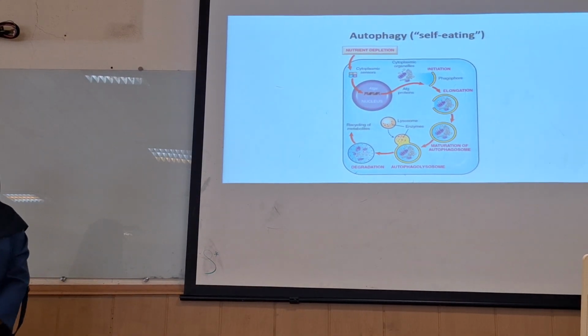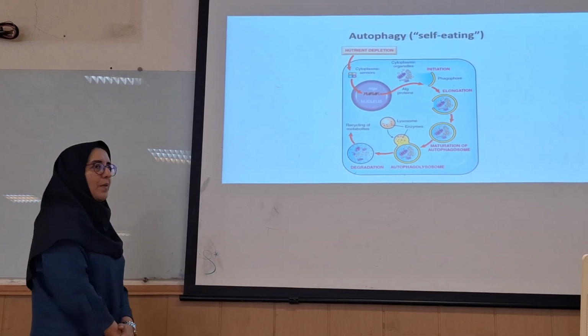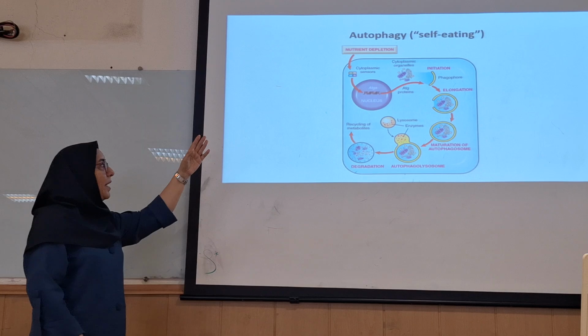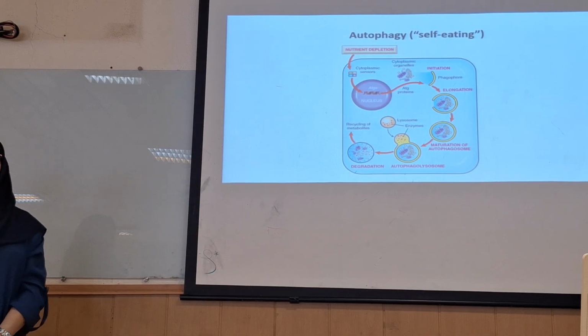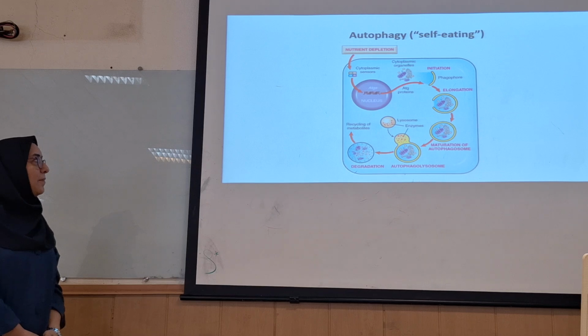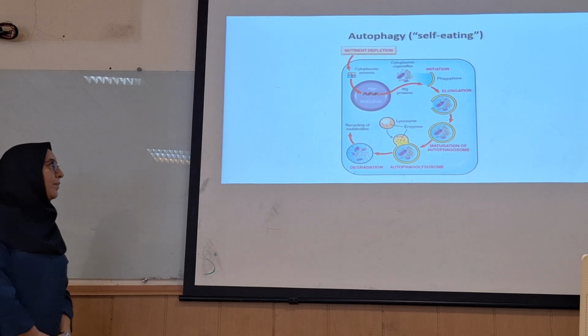And what is autophagy? Autophagy, or self-eating. When the cell is very hungry, for example in nutrient depletion, we have sensors in the cytoplasm, and the sensors activate autophagic genes at the DNA level.